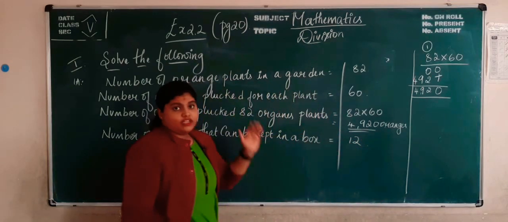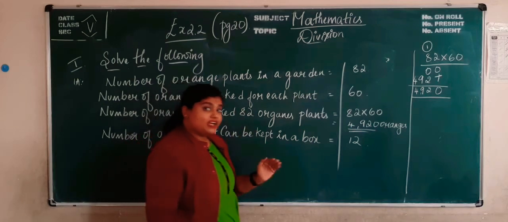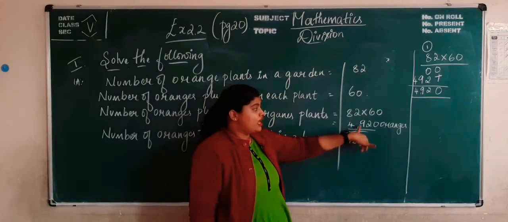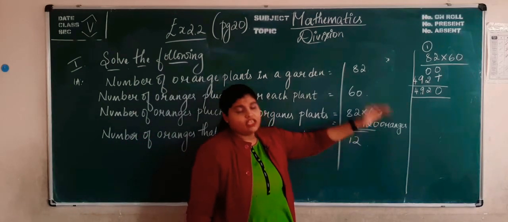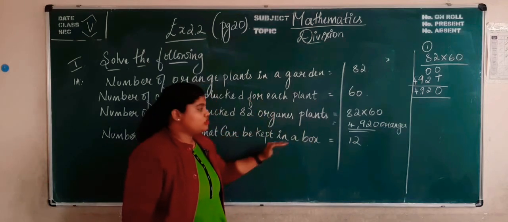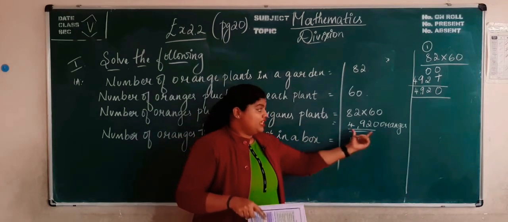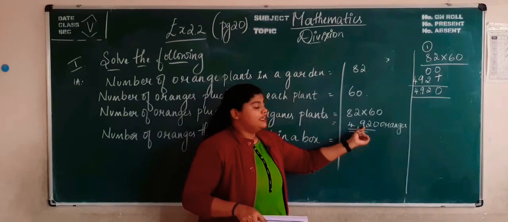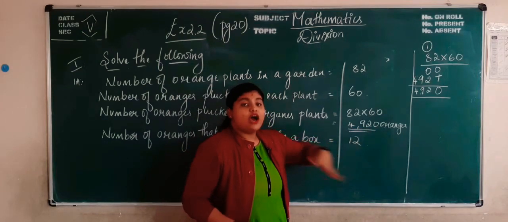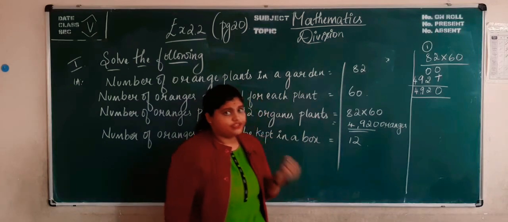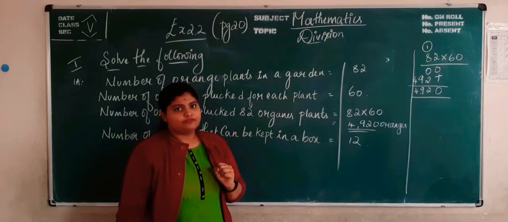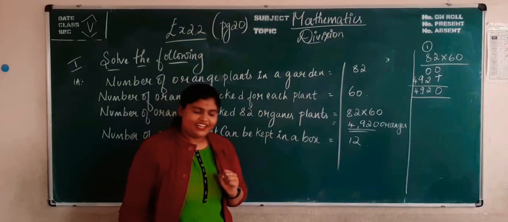So we know that the total number of oranges plucked by the farmer is 4,920. Now in one box you can keep only 12 oranges. So in order to keep 4,920 oranges, how many boxes are required? So how will you find out? Very good.